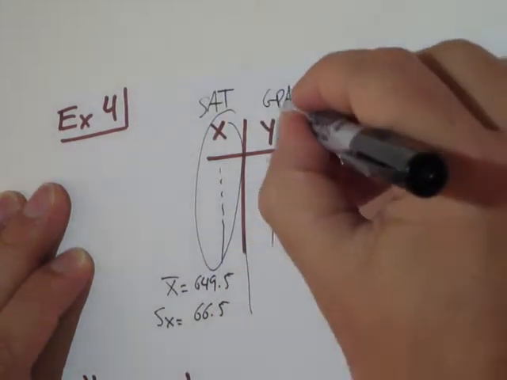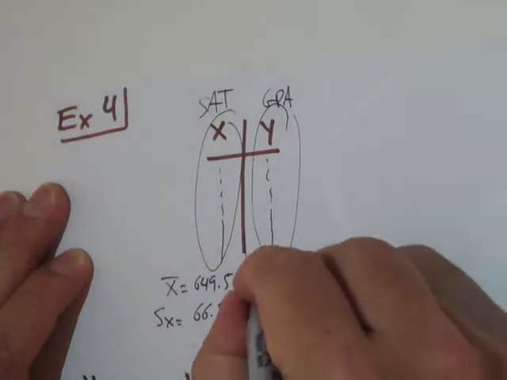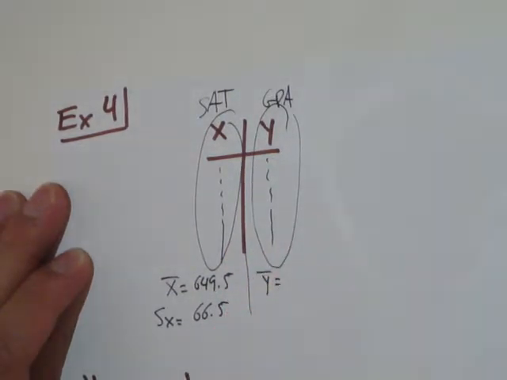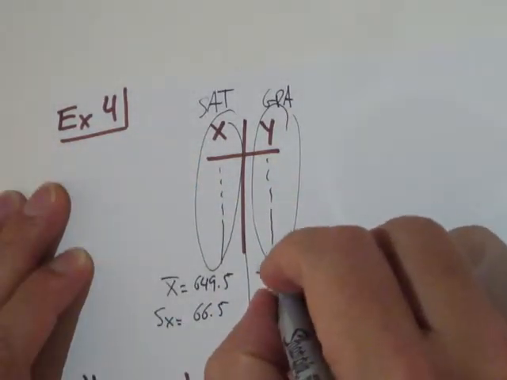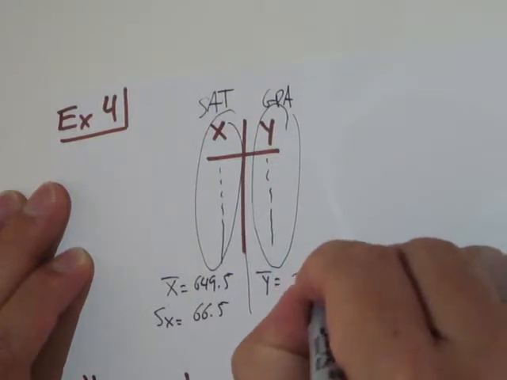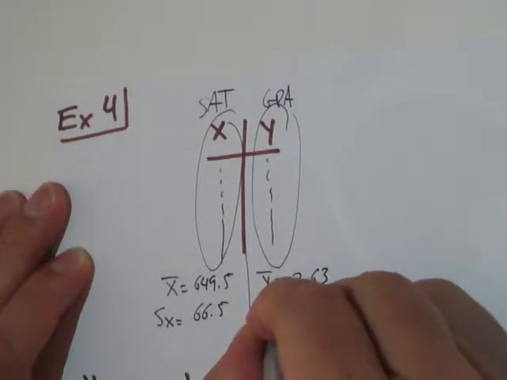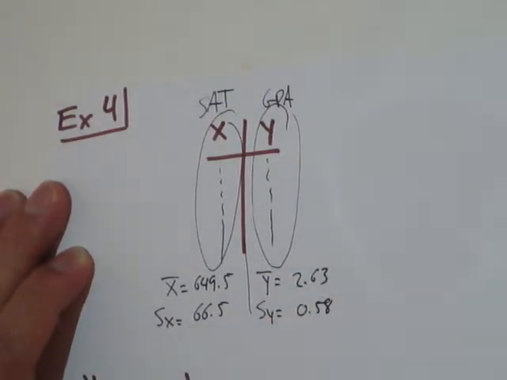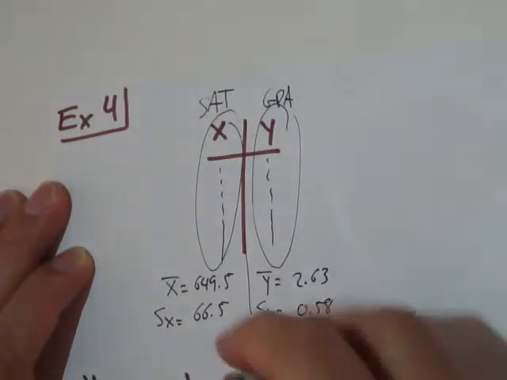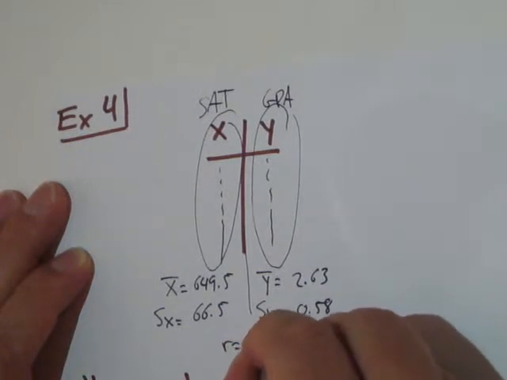Then they took all the Y values, all the GPAs, and came up with a mean, which they called Y bar. The average GPA was 2.63, and the standard deviation, SY, was 0.58. They also got a correlation coefficient R of 0.19.